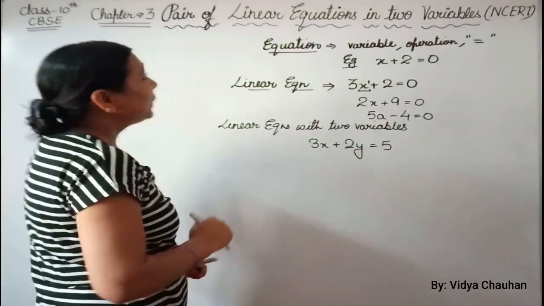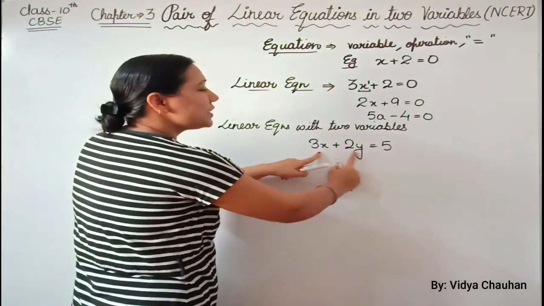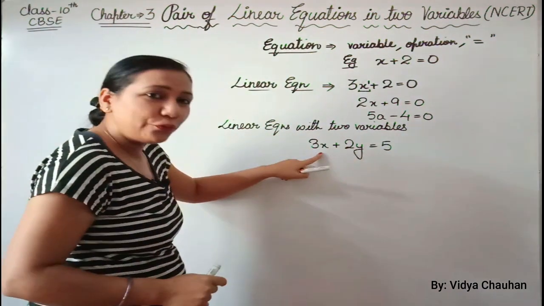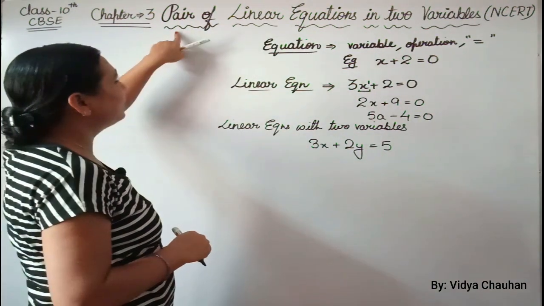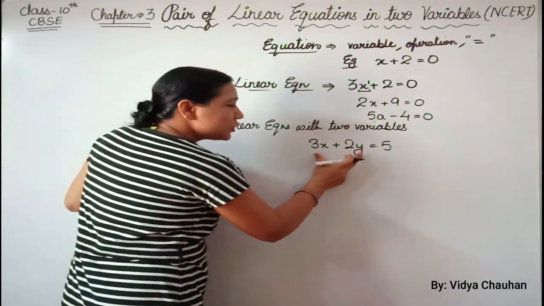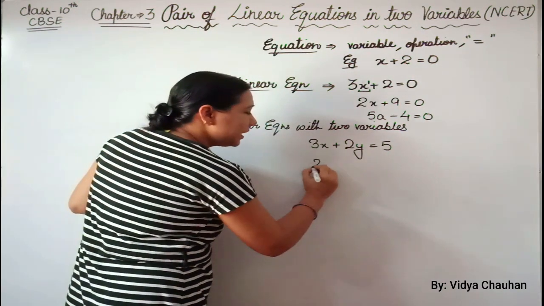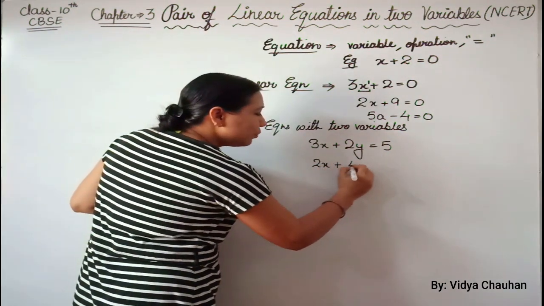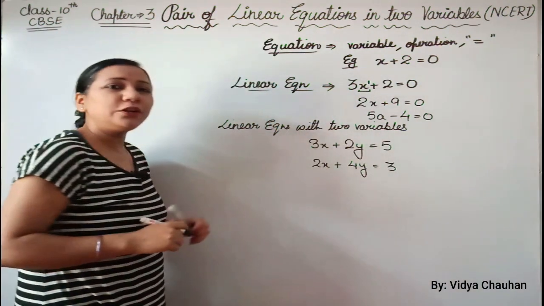Okay students, when we have to solve any equation which is in two variables, we need two equations to solve that, and that is why the complete name of the chapter is pair of linear equations. Whenever an equation with two variables is given to you, you need one more equation to solve that.